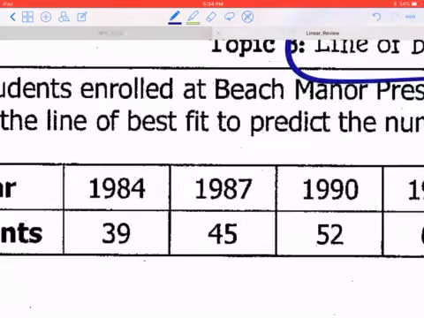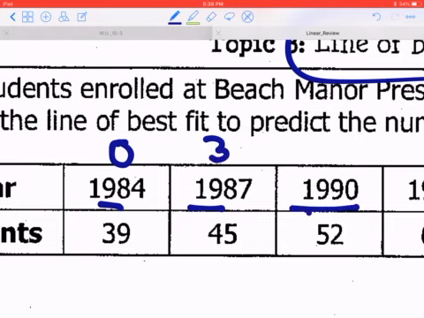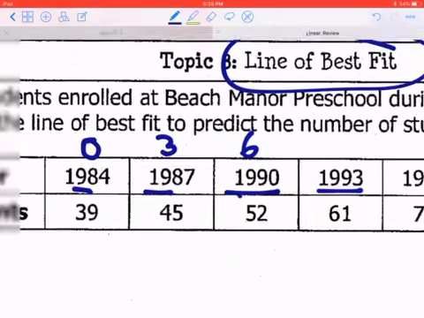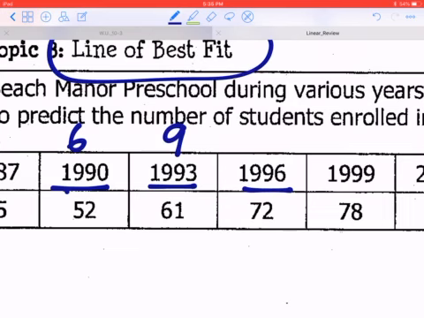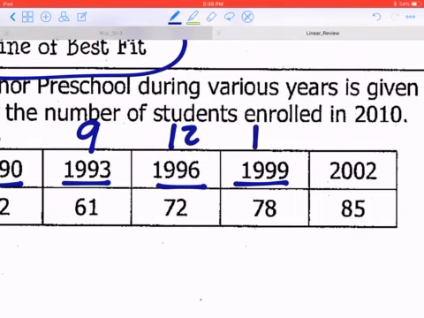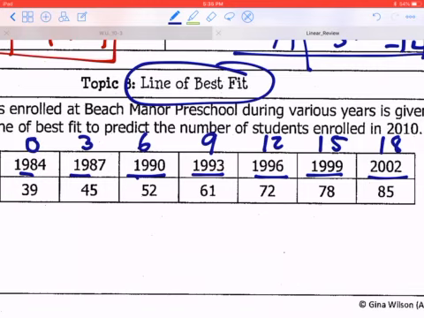And then this is 3 years away for 1987, so 3. 1990 is 6 years away from 1984. 1993 is 9 years away. 1996 is 12 years away. 1999 is 15 years away. And 2002 is 18 years away from the beginning.